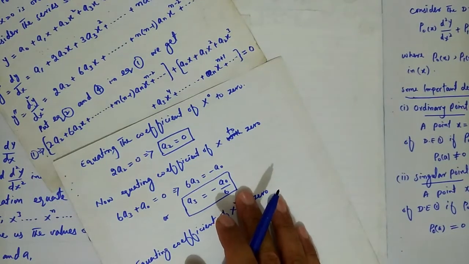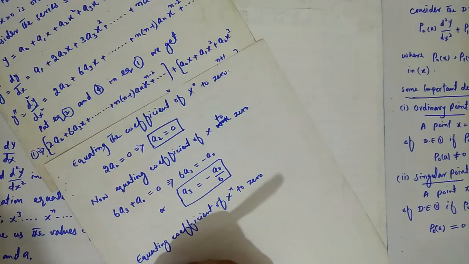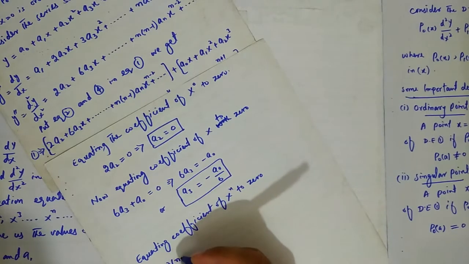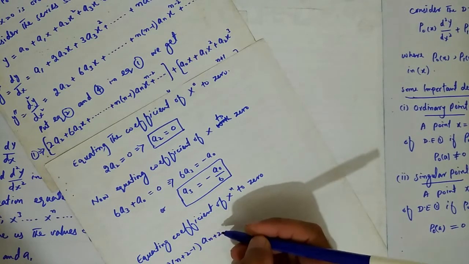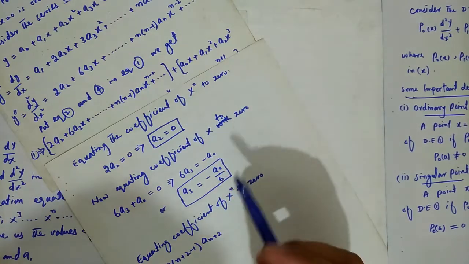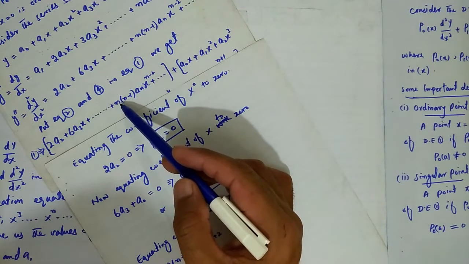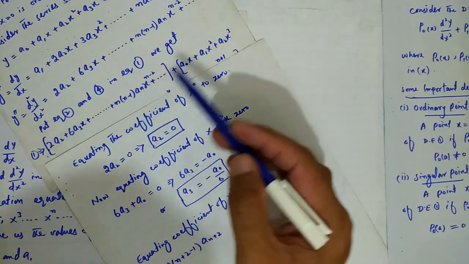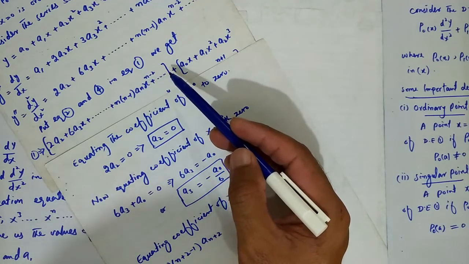So in that term we will have n plus 2 times n plus 2 minus 1 into a n plus 2. Clear? So this is the term. Here we have the coefficient n into n minus 1 an, x to the power n minus 2. After that we will get n into n minus 1 into n minus 2.